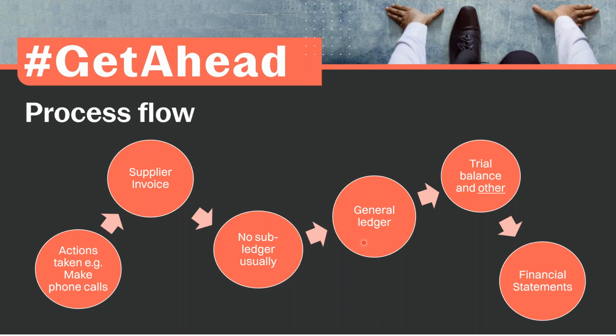So if I want to test if the transaction occurred, that means it is in the GL. I want to make sure, did it happen? I want to select from the general ledger and go to the source of the transaction. I want to make sure that there is a supplier invoice for it. It is a transaction that actually occurred.